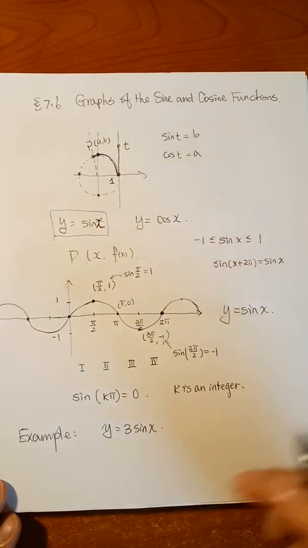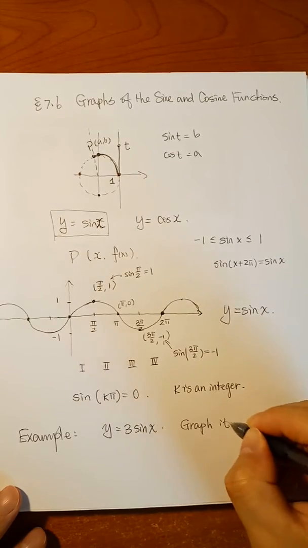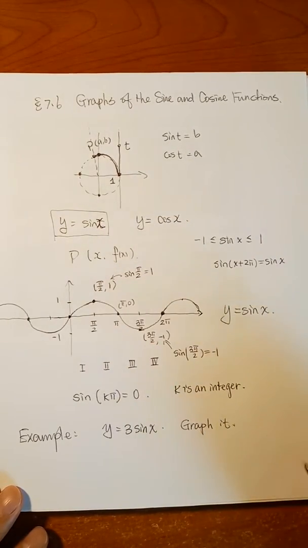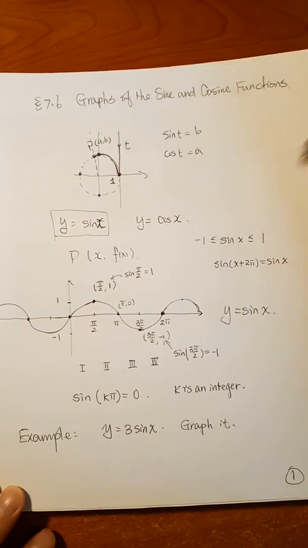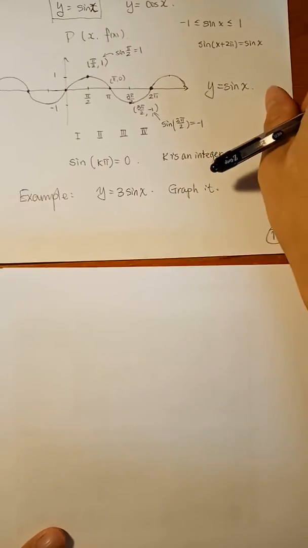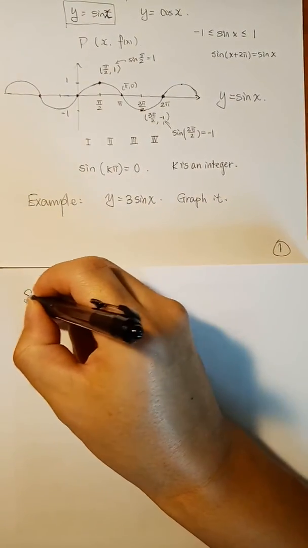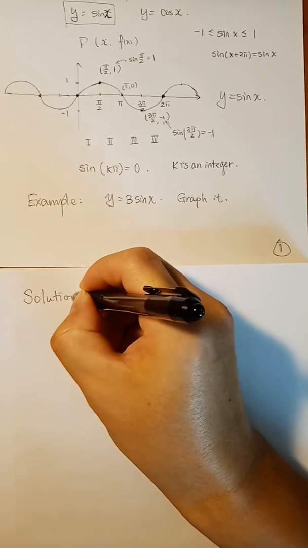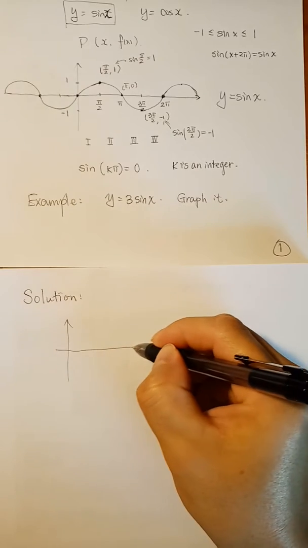So how do we sketch the graph of it? We'll have the following strategy. So first, we sketch the graph of sine.